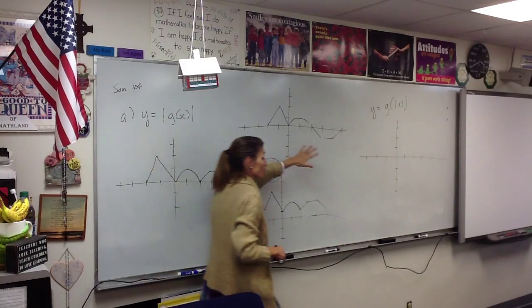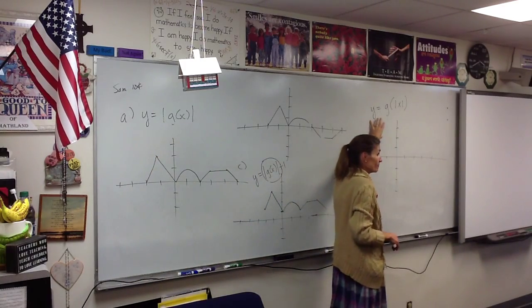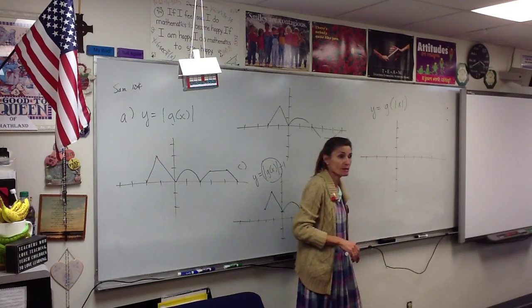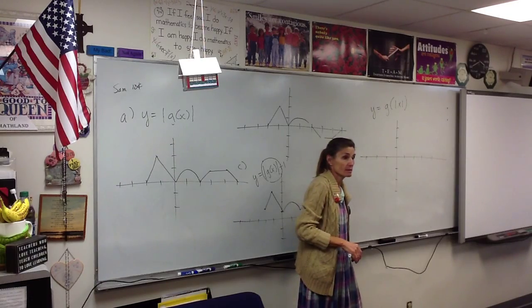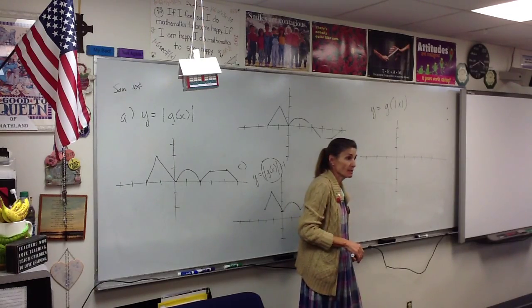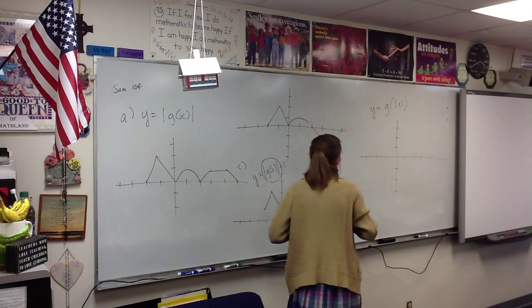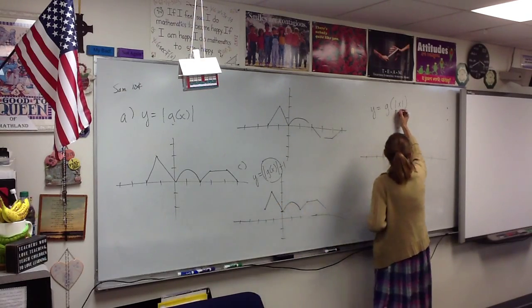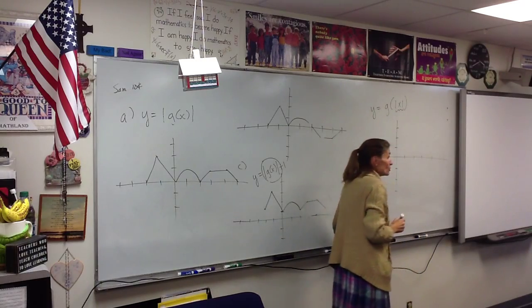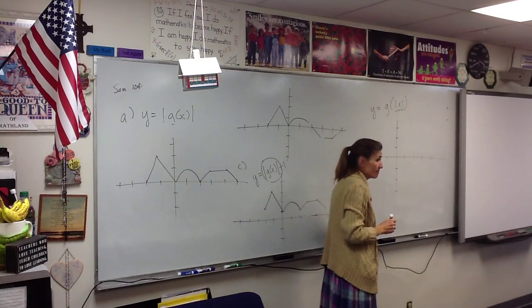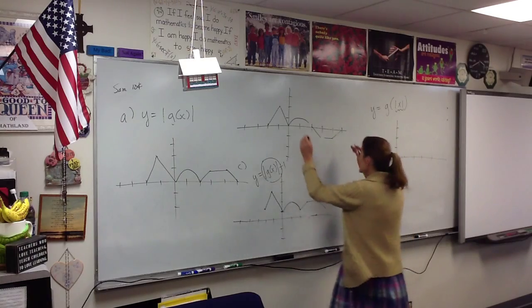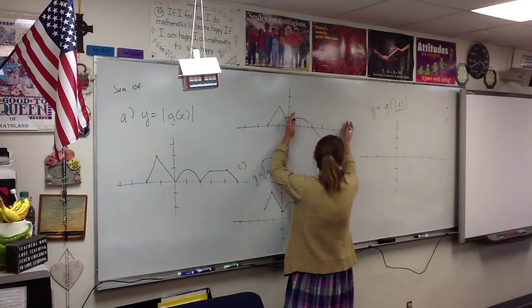But this is different. What is this? It's just on the x. Okay, now this one's a little tricky, so I need you paying attention. The first thing I want you to do when you have this situation, the absolute value of just x, I want you to take everything on the right side of your picture.